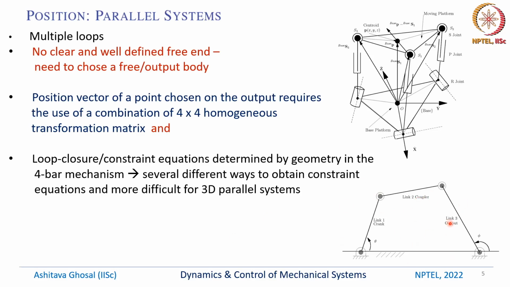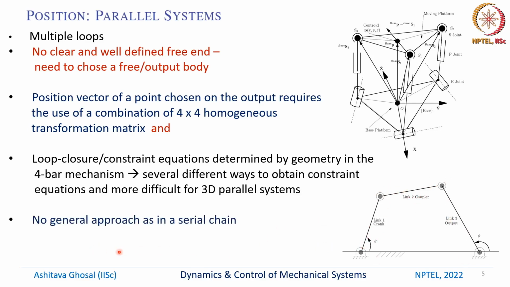So we need to choose what exactly is the output in any parallel mechanism, and this 4-bar illustrates the point very clearly. Okay, in many kinematics of machinery books, this is the output link, and this is called the crank. And sometimes when you want to guide a rigid body through some positions, then the coupler is chosen as the output link.